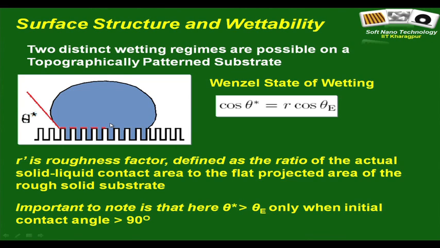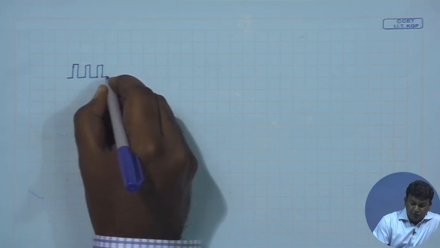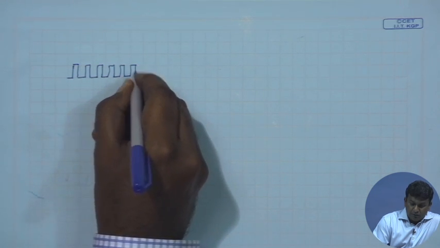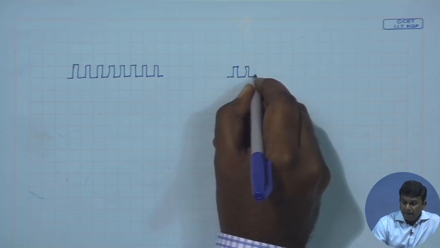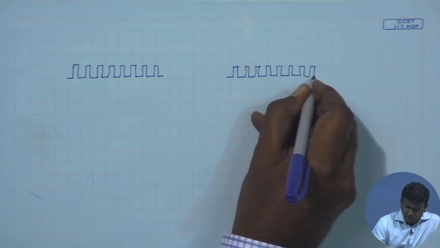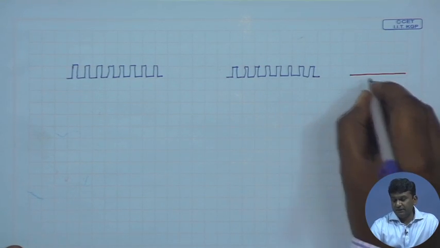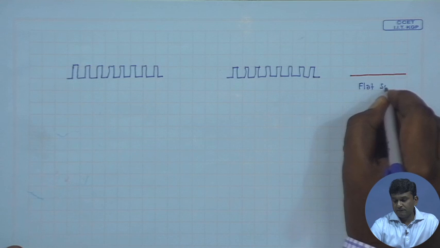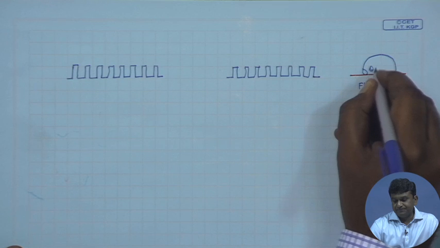What we are considering is a structured surface or a patterned surface, and I will just draw it here again to explain what can happen. Roughly the same pattern, different pattern, whatever. If you now put a drop of liquid on a solid surface, we compare this situation.